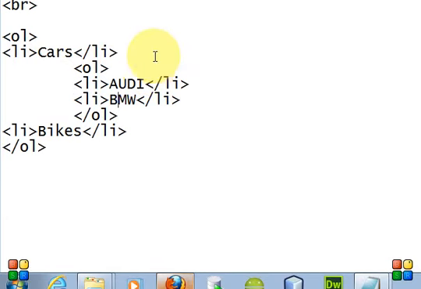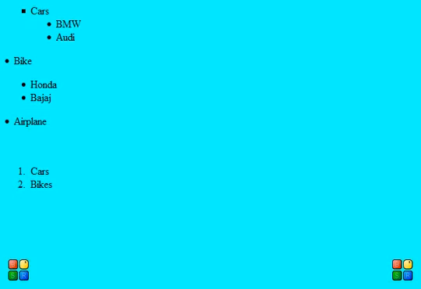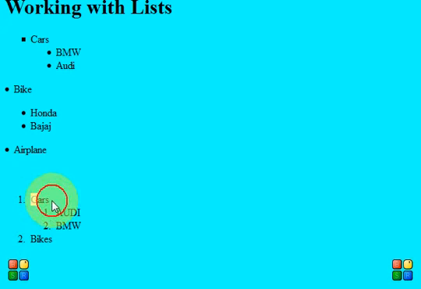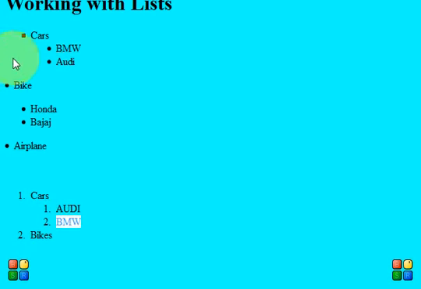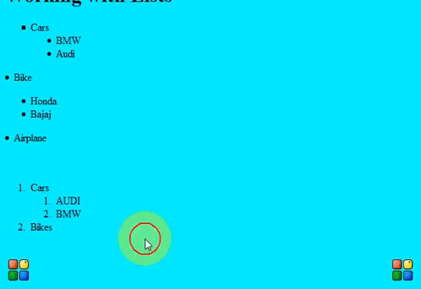Just save the file, go to the browser and press F5. So here in 1 we have 1 and 2. So this is the difference between unordered list and ordered list.